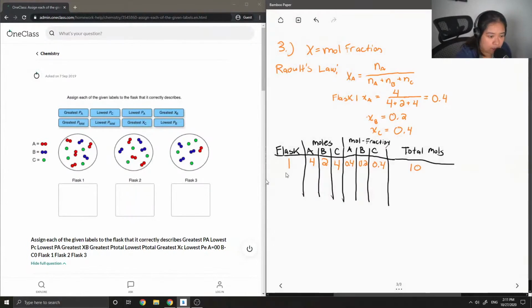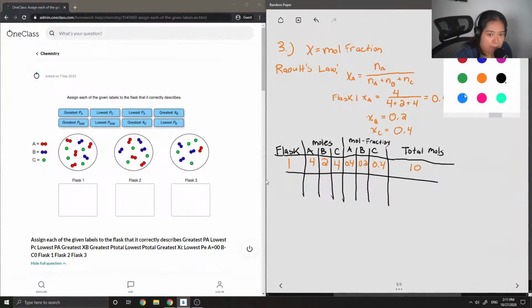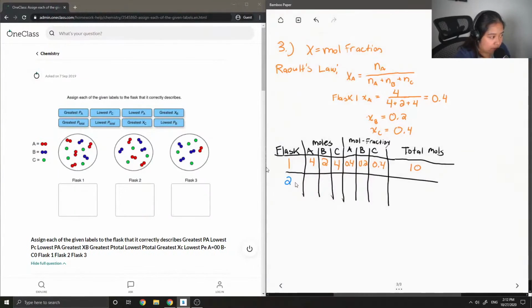Now let's do the same for flask 2. For 2, there are 3 moles of A, B, and C. So they all have the same mole fraction of 0.33. And then the total number of moles is 9.